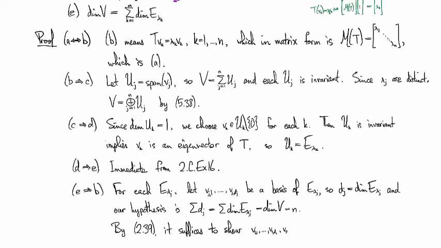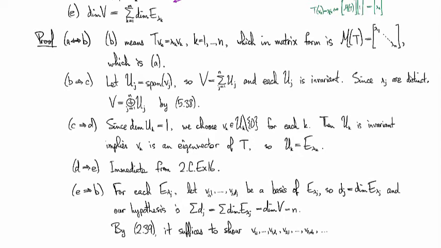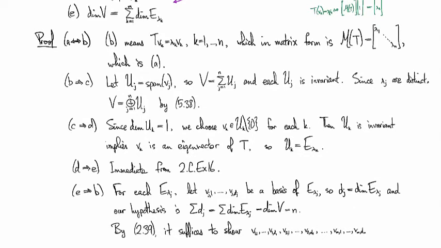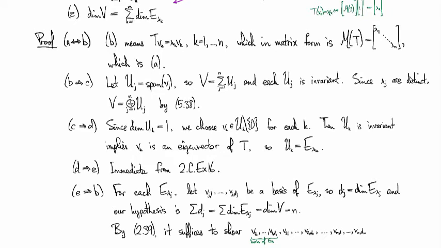And then we have V21 through V2D2, and so on, all the way down to VM1 through VMDM. Just to make it clear again, this is a basis of E lambda 1.